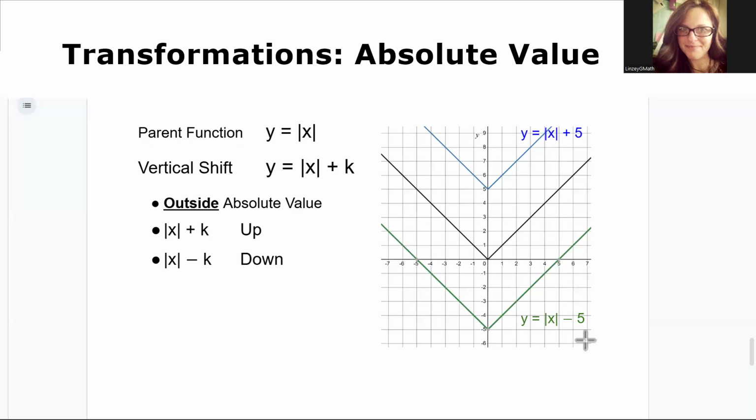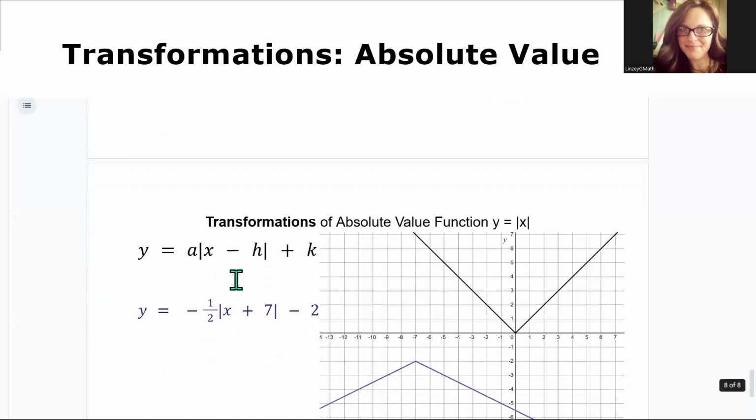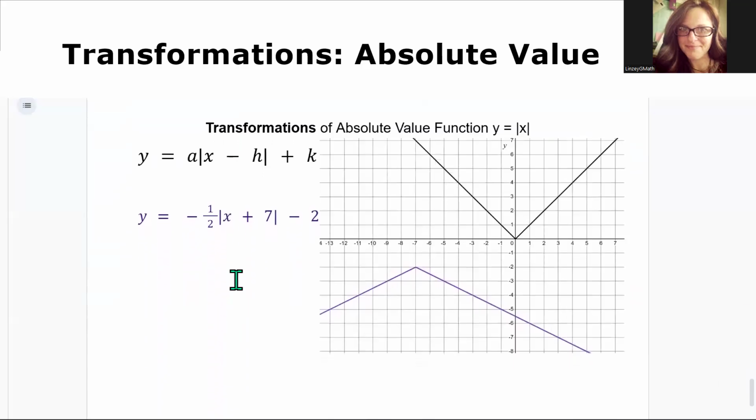Let's put this all together. We'll take a look at all of our transformations. Starting with the negative. Since there's a negative out front here, we know the graph will open down, as you can see here.